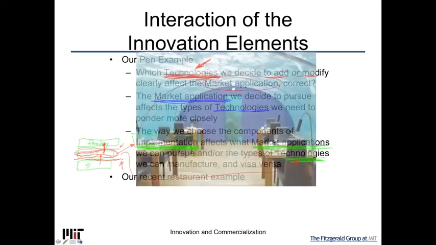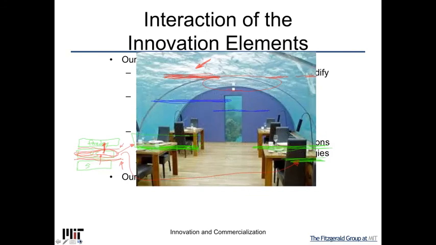So if I go back to our nice underwater restaurant, the first thing you say is, all right, I believe that there is a segment of the market that will be willing to pay a little bit more for the expected extra cost that I'm going to have in inserting this technology underneath the water. And so you're already interacting between market and technology and implementation, because you're saying cost, the business model, is going to somehow be made up.